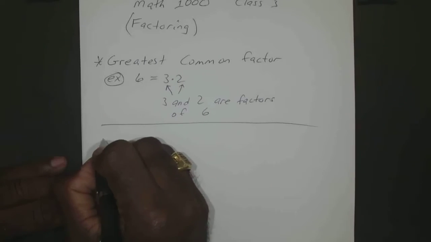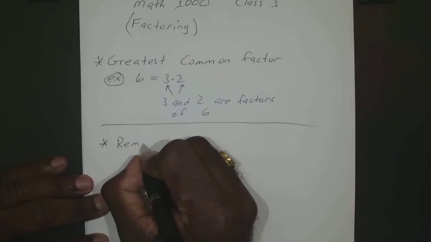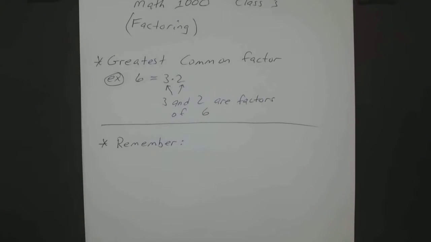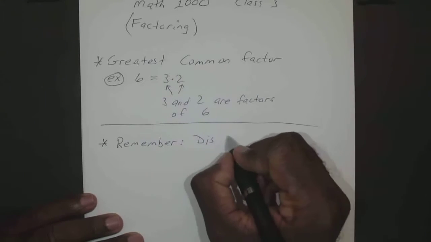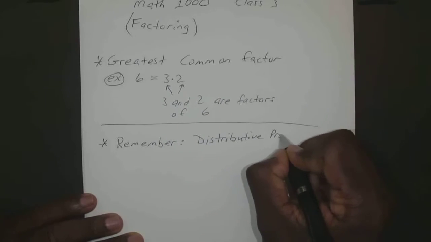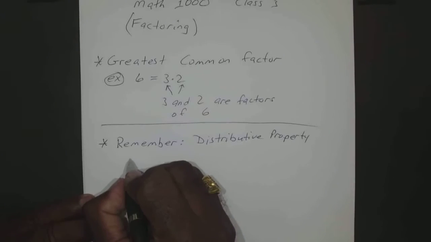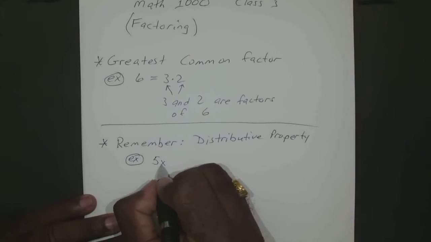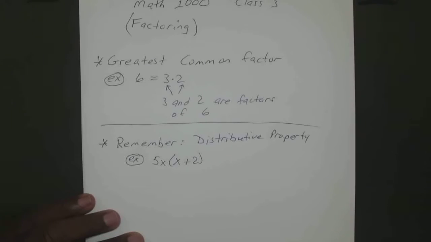Now, with the greatest common factor, we're just going to do the reverse of what we've been doing already. So if you remember the distributive property, let's say, for example, you have 5x times x plus 2.